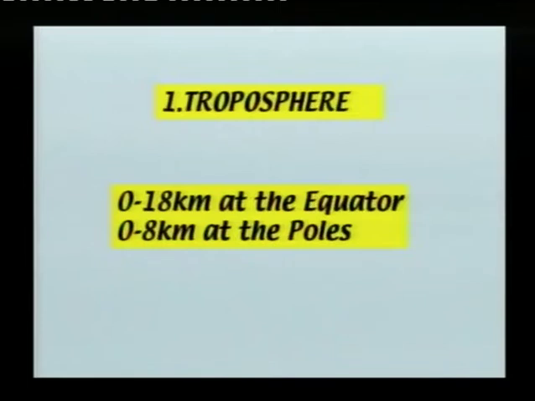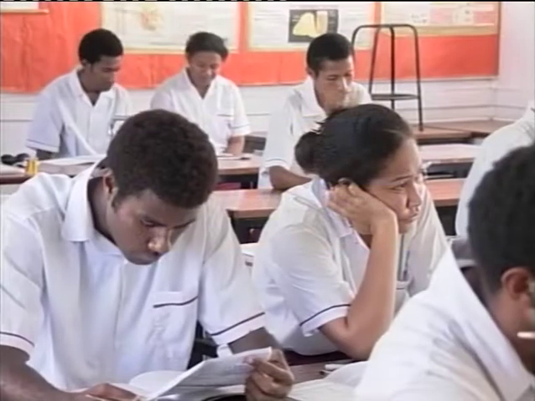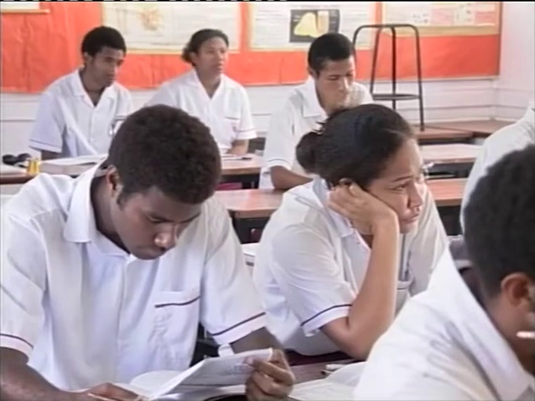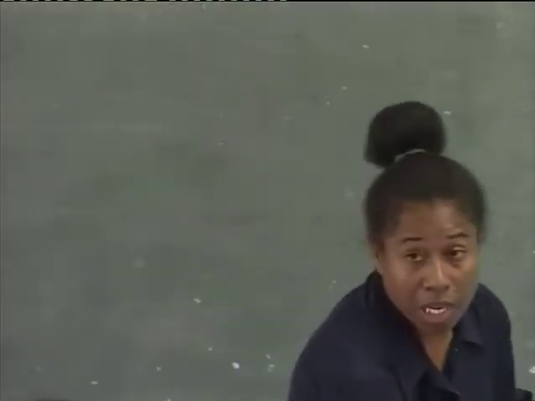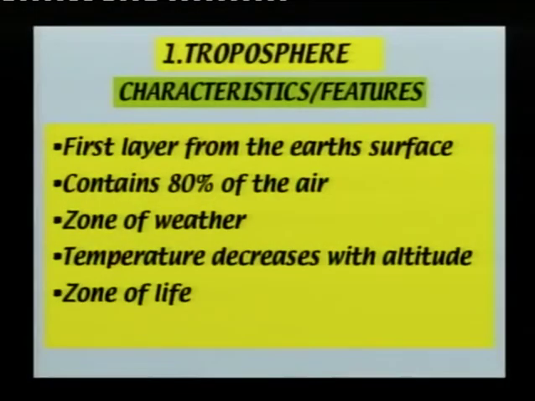That is filling in the second column for the first layer of the atmosphere, which is the troposphere. Okay, we move on. Beside that, you were able to also give some of the different characteristics. Let's look at them quickly, and then we'll move on to the characteristics of the other layers.